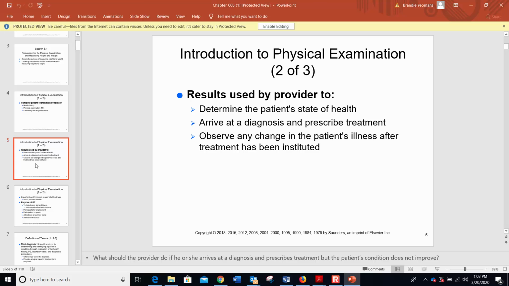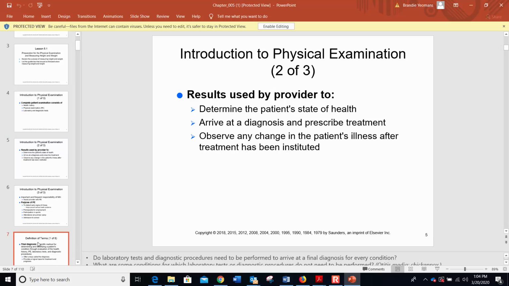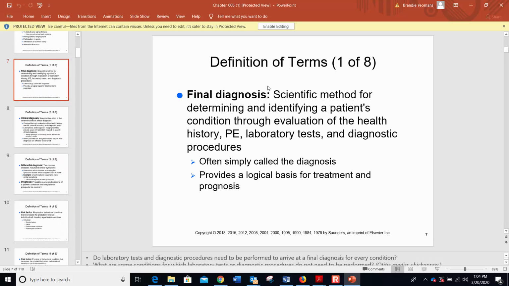So the provider, whether it be a physician, a nurse practitioner, or a physician assistant, is going to look at all the results that we gather, all the things that they see during their part of the exam, in order to arrive at a diagnosis, whether it's for a sports physical or an annual physical or if it is for an illness. They have to look at the entire picture in order to come to a conclusion for any type of diagnosis. So that would be where they come to the final diagnosis.